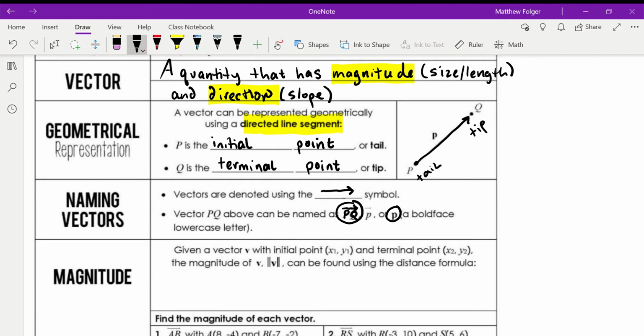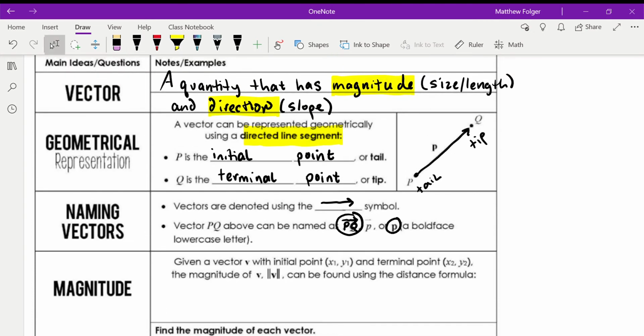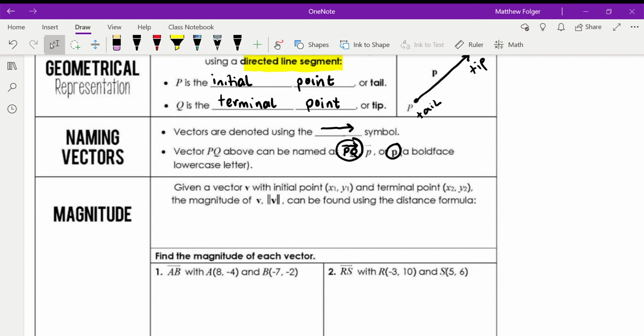So like we said, these vectors, these things that have a direction and a magnitude, the magnitude is just the length of the vector. It's how long it is from P to Q. So if you're ever asked to find the magnitude of a vector, all you have to use is the distance formula from geometry. So if you don't remember that, or maybe if you learned it a different way, this is it.